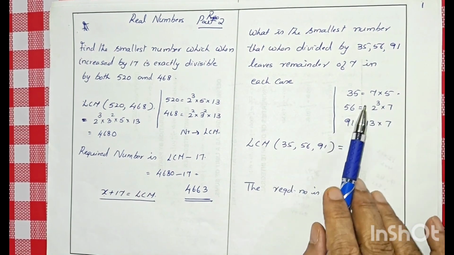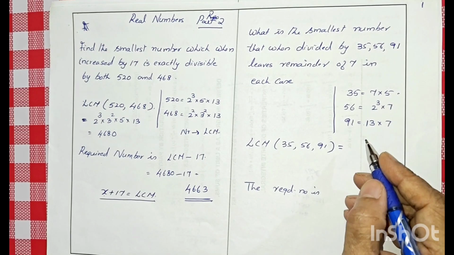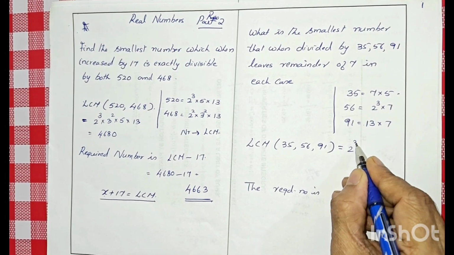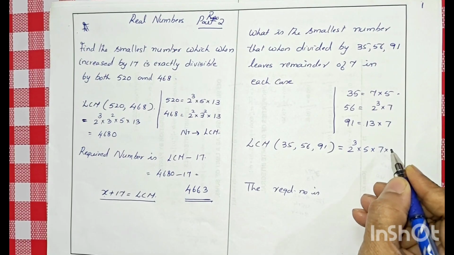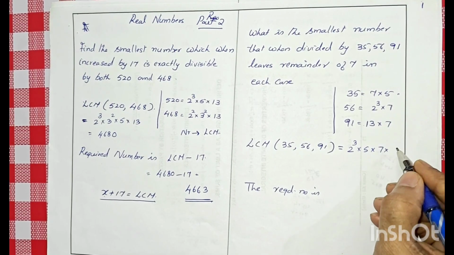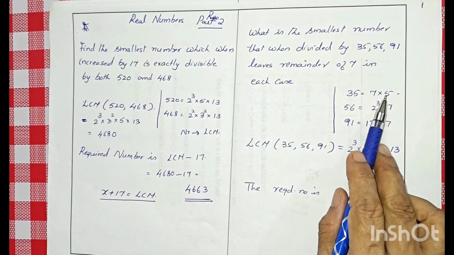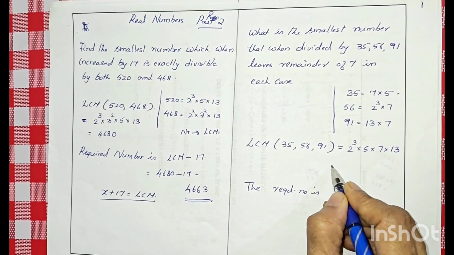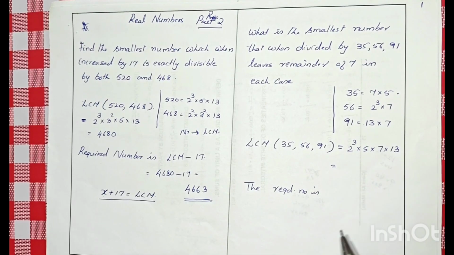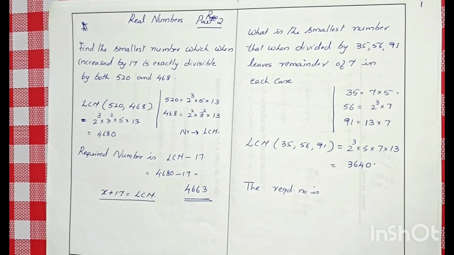So we will first find the LCM of 35, 56 and 91. We will write 2 cube into 5 into 7 into 13. When you multiply, you will get 3640.